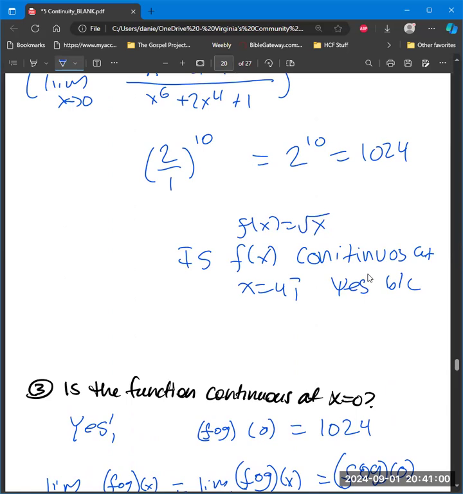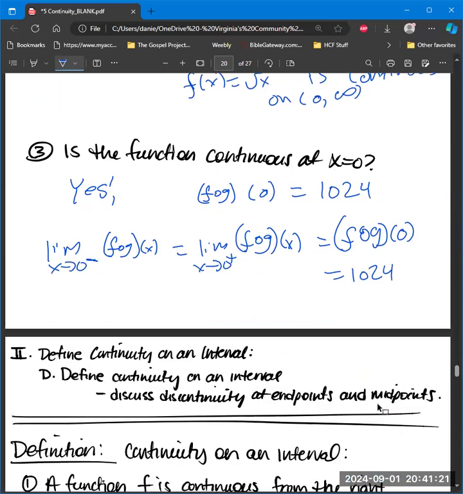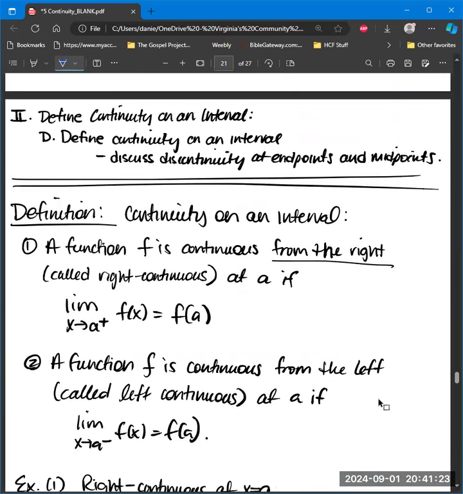Is f of x equals the square root of x continuous at x equals 4? Yes, because f of x equals the square root of x is continuous on the interval from 0 to infinity, and 4 is within that interval. So don't get mixed up: square root functions are not continuous at the vertex at the end. Everywhere in the middle, they're continuous.